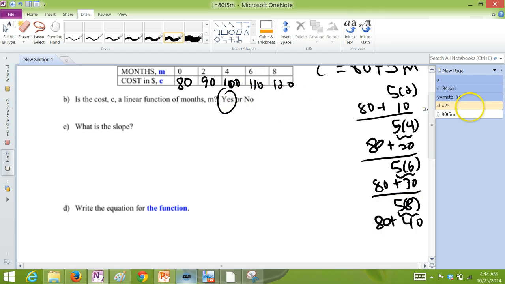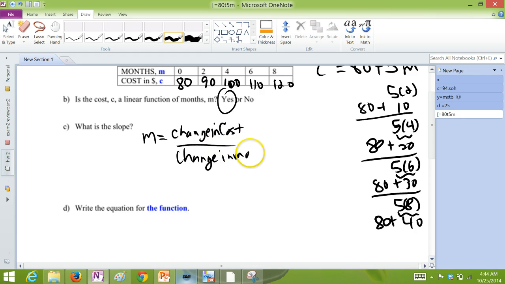So it's a linear function. The slope would be the change in cost divided by the change in month. For a linear function, this should always be the same value. So no matter what 2 points you use, you should get the same value.